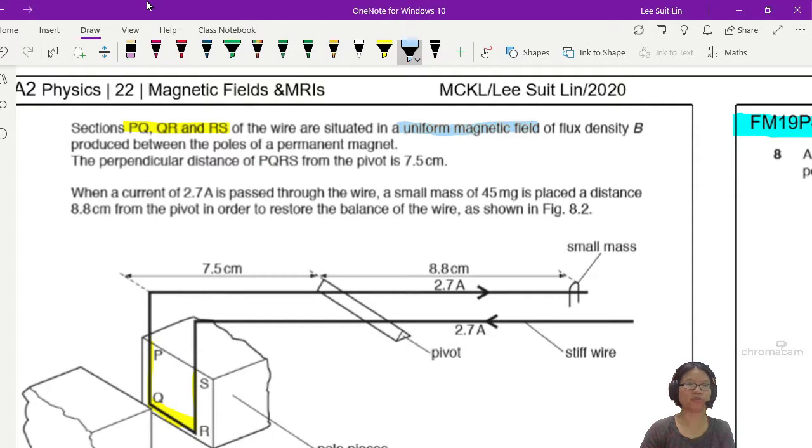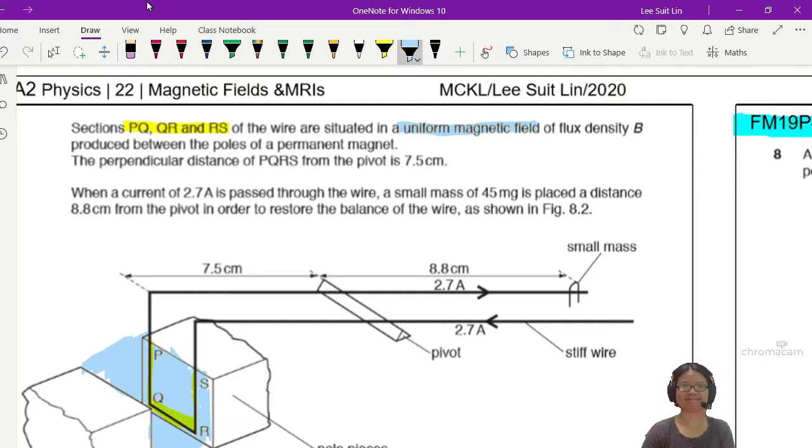So the uniform magnetic field is this region, between the poles of the magnet. Now this setup cannot be foreign to you anymore by this point. There's a magnetic field and there are 2 poles. You don't know which one is north, which one is south. You just know that there are 2 poles here.